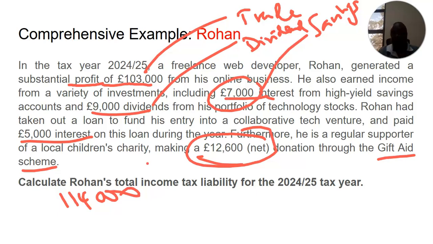We need to gross it up. So let's gross the donation. The gross figure should be 12,600 multiplied by 100 over 80.